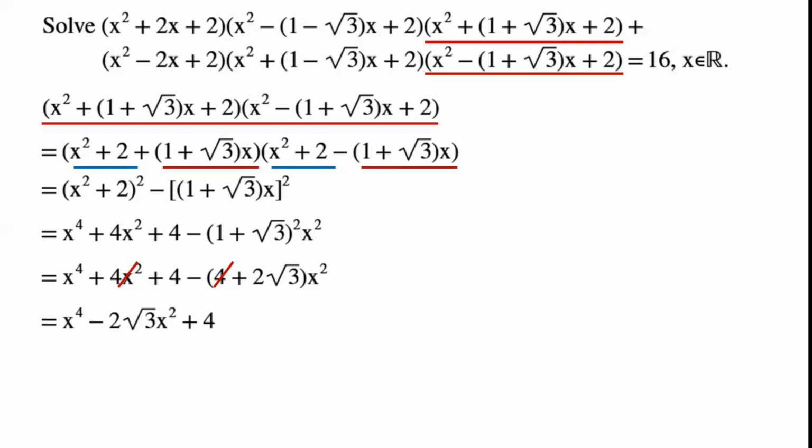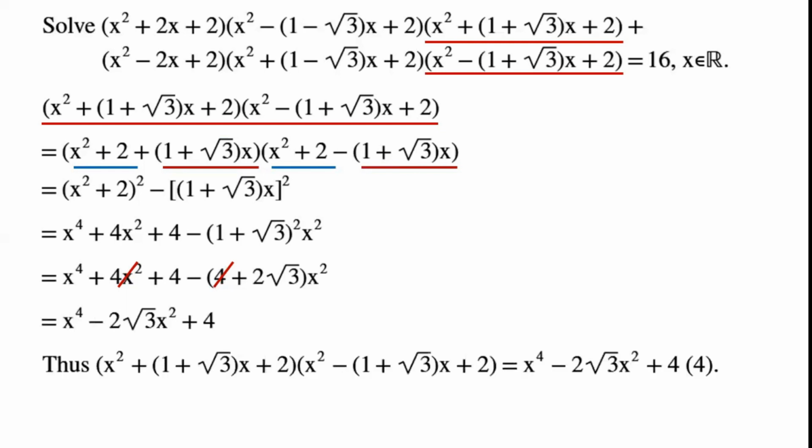So we can now write x to the power of 4 minus 2 root 3x squared plus 4. Thus, x squared plus 1 plus root 3 times x plus 2 times x squared minus 1 plus root 3 times x plus 2 equals x to the power of 4 minus 2 root 3x squared plus 4.